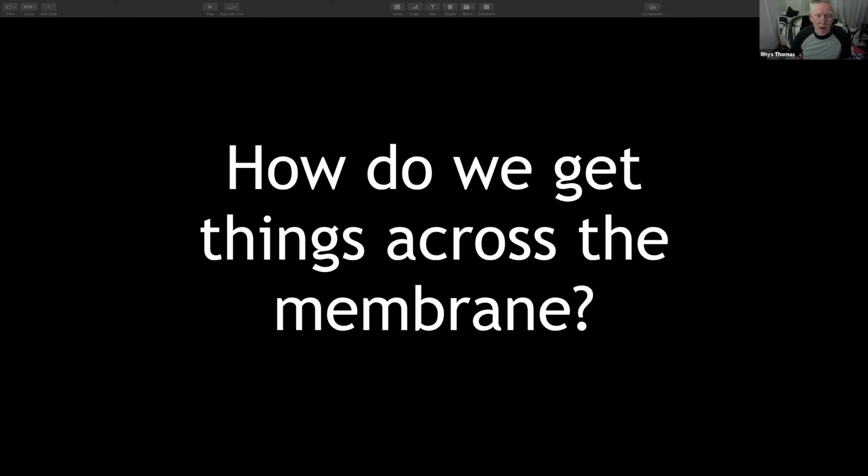So what are some other mechanisms? Another mechanism would be ion channels. Yes. So how do ion channels work?